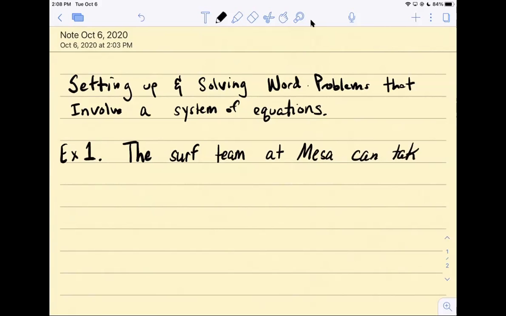So the entire surf team, like all the students cumulatively, can take classes that are 3 or 4 credits.